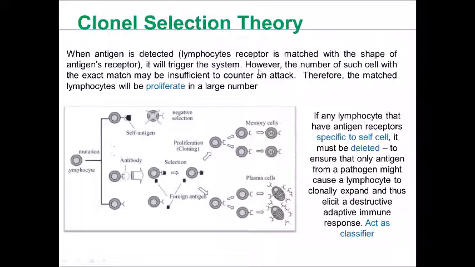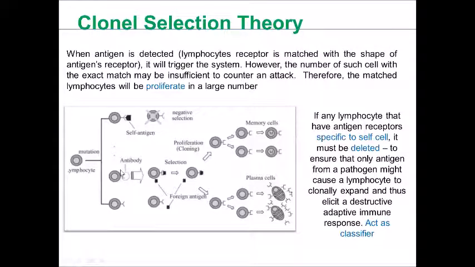If any lymphocyte has an antigen receptor specific to a self cell, this being a lymphocyte during the maturation process, and it detects the self antigen, the normal body cell, it will be deleted. We call this a tolerant immune system. This is referring to the negative selection process just now.